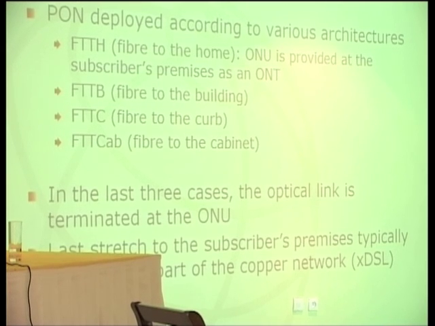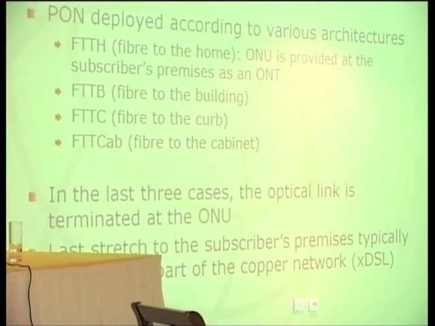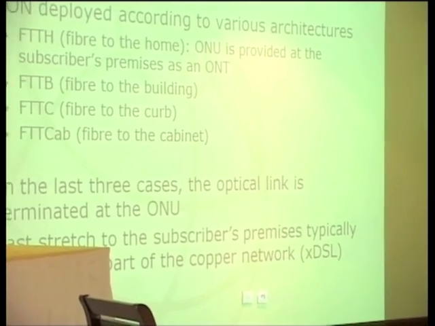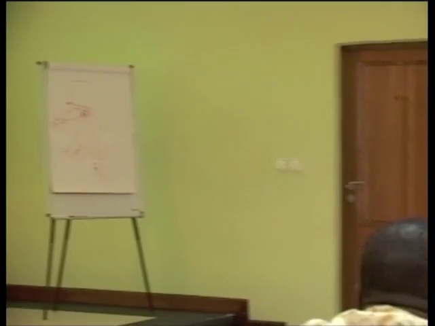In each of these 4 cases, we have to put at the end of the fiber plant an ONU. In the last 3 cases, the ONU is in the space between the user home and the optical line terminal.